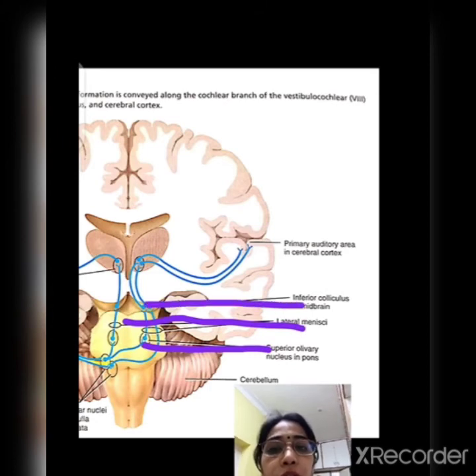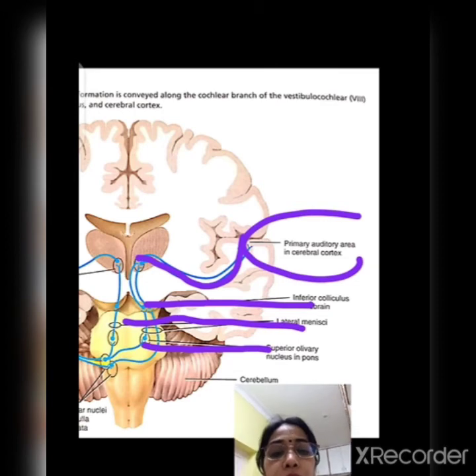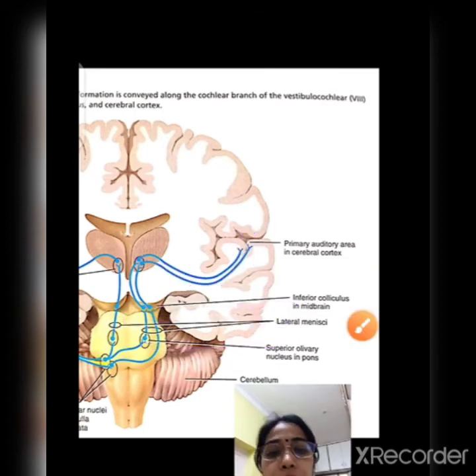Here is the primary auditory area in the cerebral cortex. So this is the pathway of sound waves.